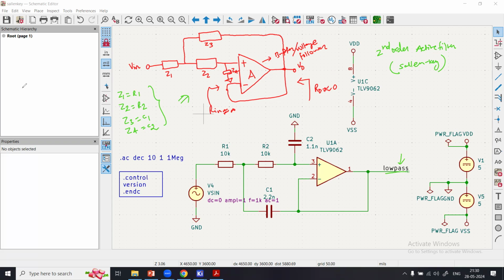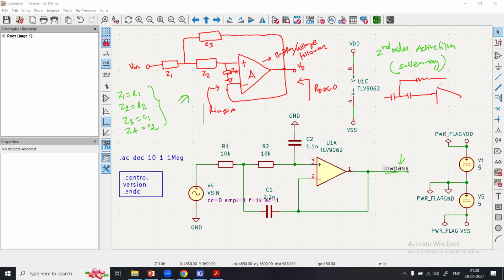What if I want to have the high pass filter? I would like to draw your attention to how to draw it. I will have the capacitor here, and the capacitor here. And then at the junction, I will have the resistor here.